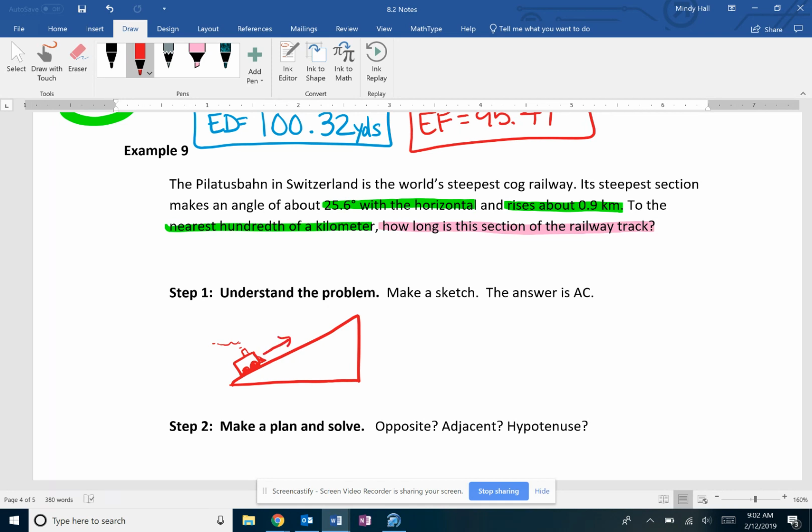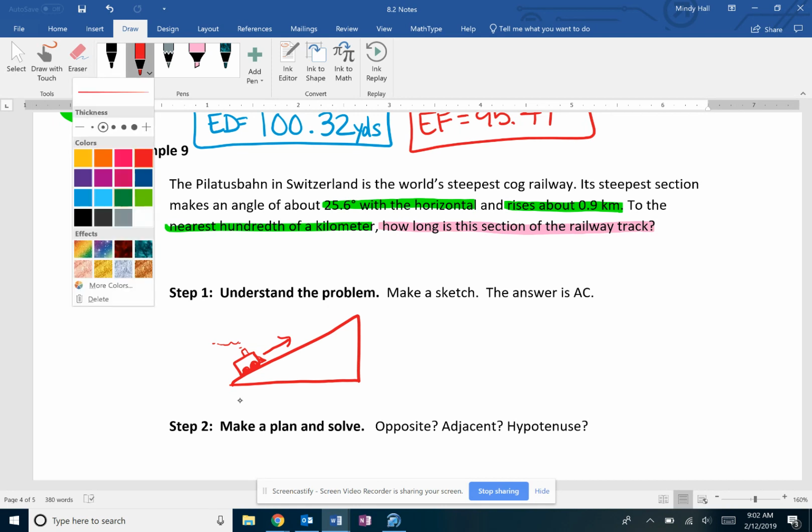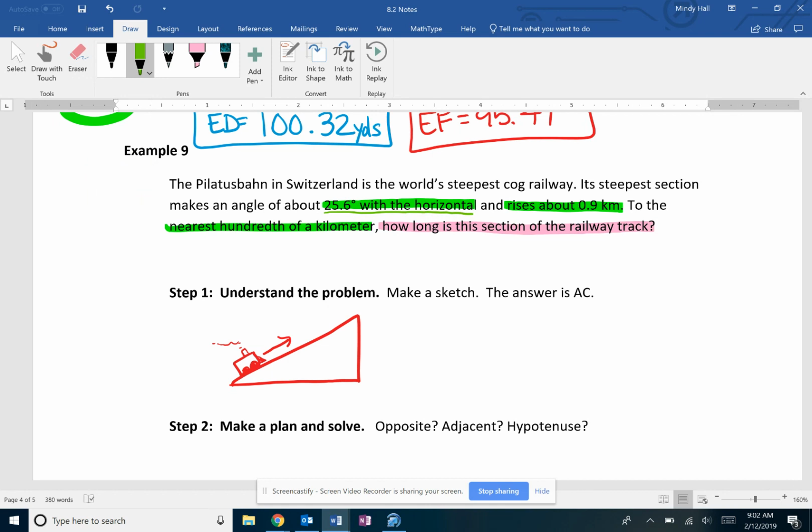So to label this, our first little hint is that it's 25.6 degrees with the horizontal. Well, with the horizontal means that if you take that angle you have and you go along a horizontal line, then it's going to be the angle formed between those two things.